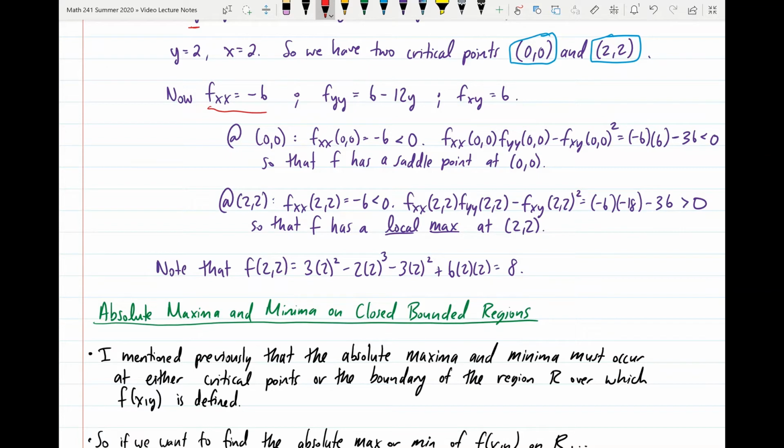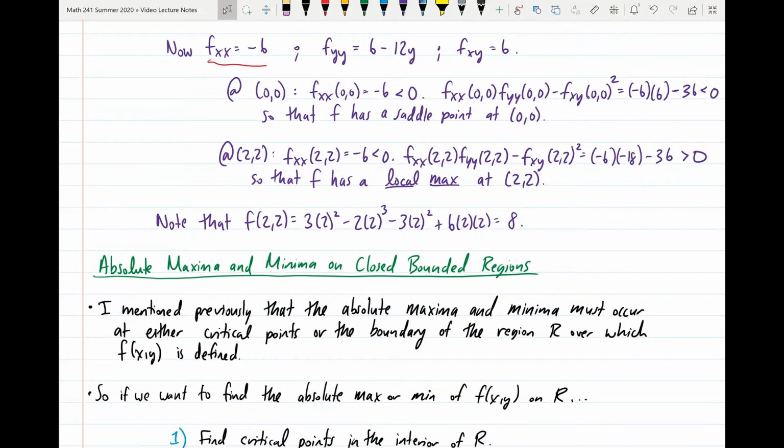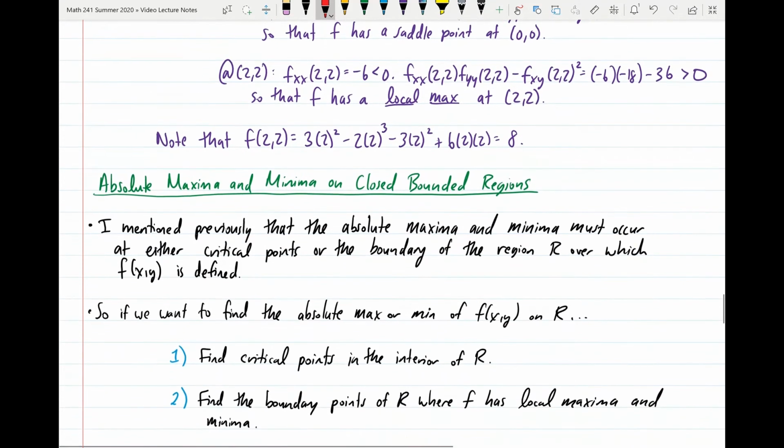So in this case, the point 2, 2 satisfies case 1 from our second derivative test, so that f has a local max at the point 2, 2. And if we take that point 2, 2 and plug it into our function f, we find the value 8. So one of the local maximums for the function f is going to be 8. And in this case, it's the sole local maximum, and it occurs at the point 2, 2.